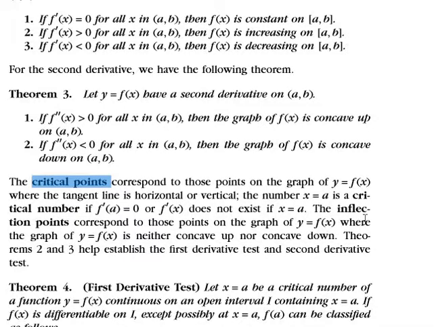There are two cases, the graph is concave up or concave down. If at some point the graph changes between concave up and concave down, we call that point the inflection point.